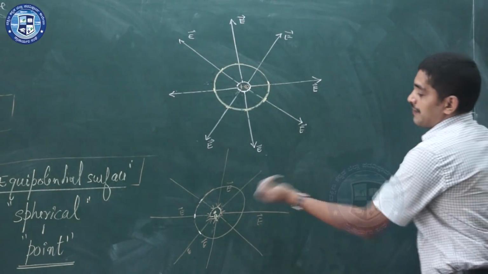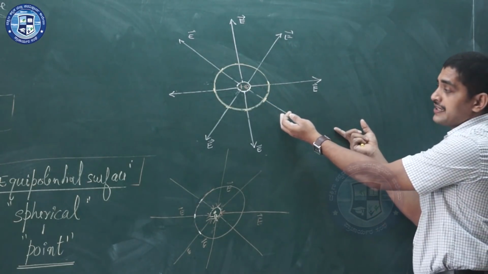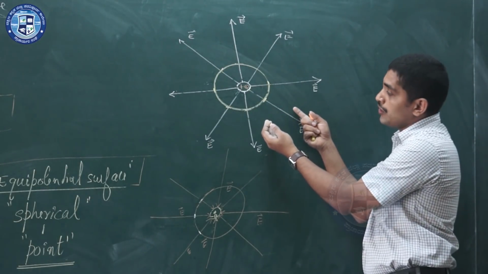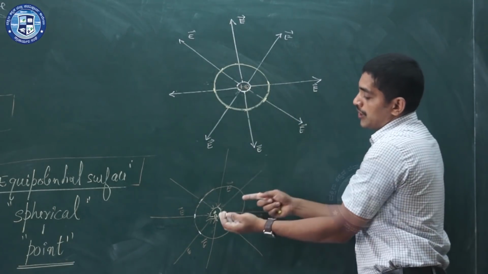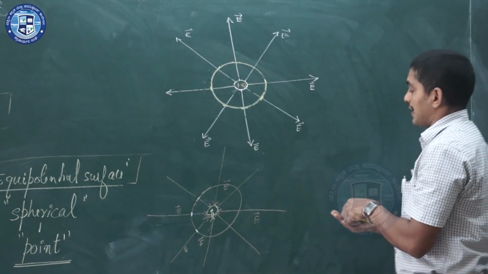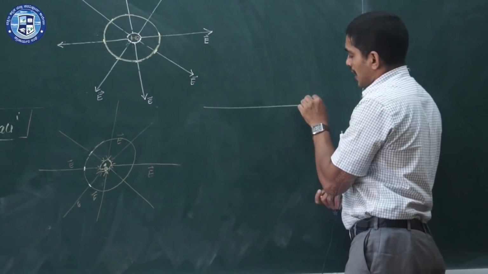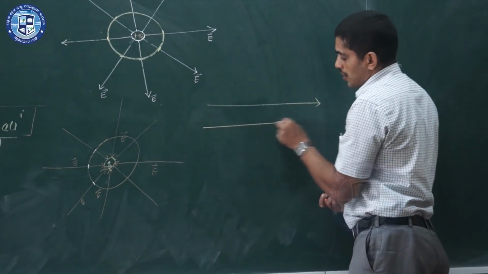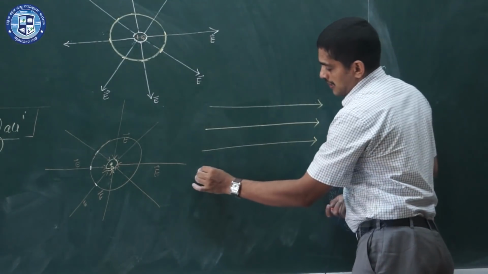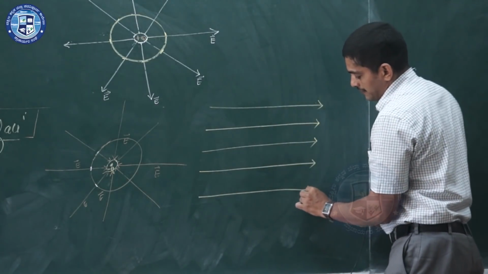Now, keeping this in mind, let me think of what the equipotential surface will be if, instead of an isolated positive charge, I consider a uniform electric field. I do not know what the source is, but here there is an electric field which is uniform.